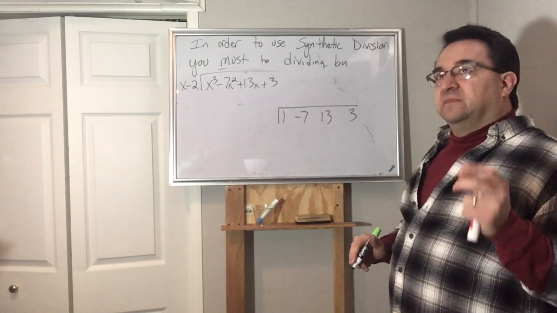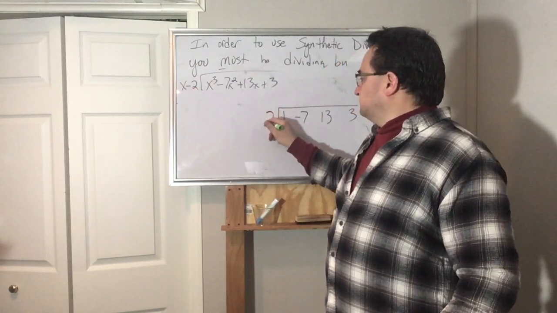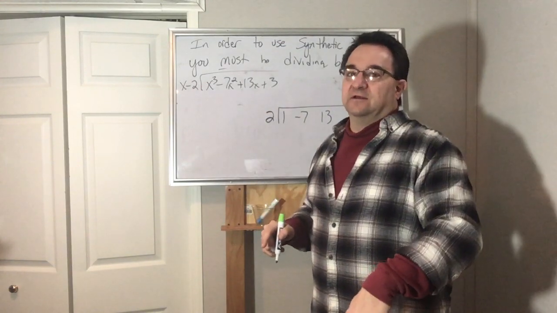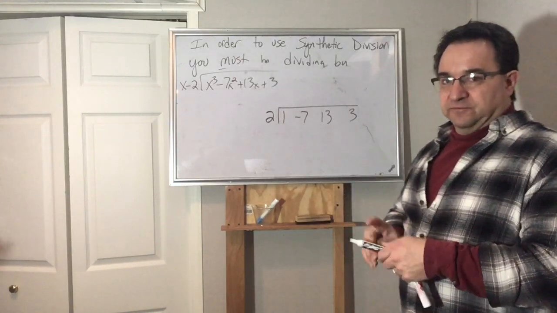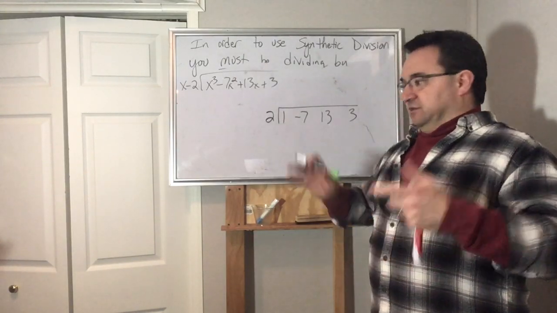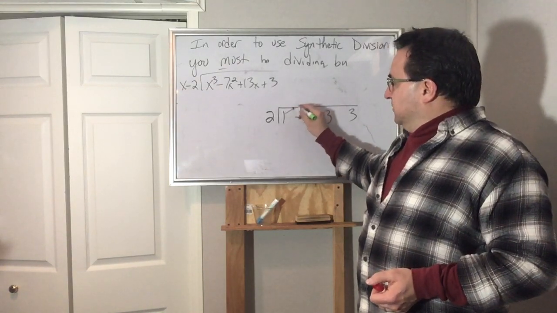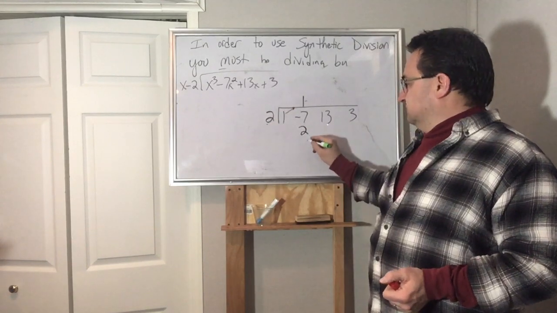And this part is a little weird. Instead of writing x minus 2, I just write the number part and I switch the sign. So it takes getting used to. But if I do this, now I'm going to follow the procedure. You're going to need to see this a couple times. I pull this number up, and then I multiply.